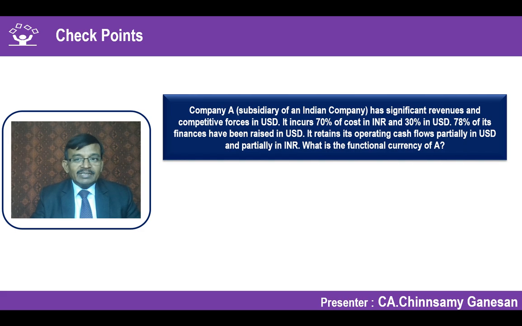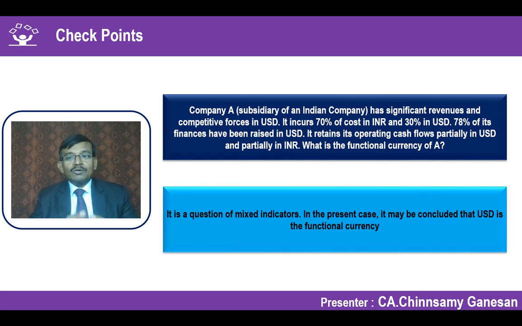What is the functional currency of A? It's a question of mixed indicators. However, based on the supporting evidence which I have applied, that is 2 points in favor of US dollar and 1 point in favor of INR, I have concluded that the majority of the indicators show the functional currency is US dollar.